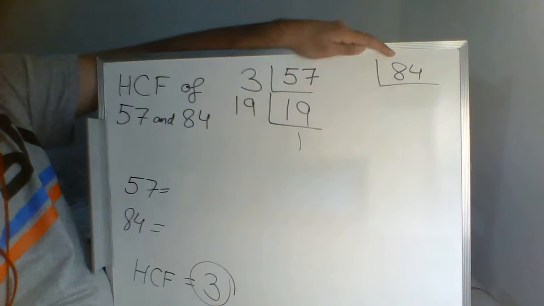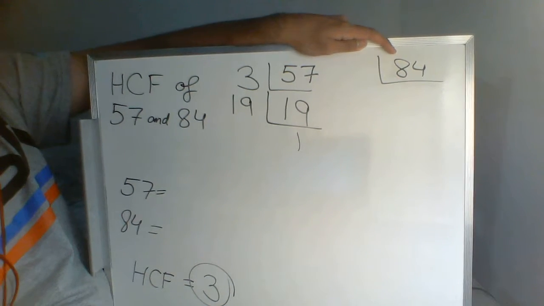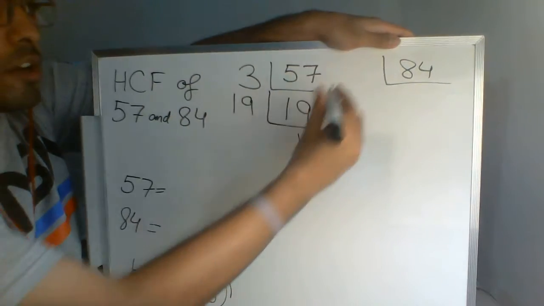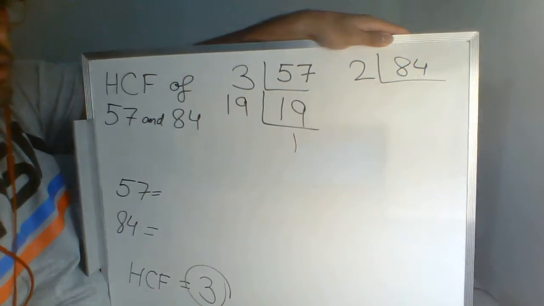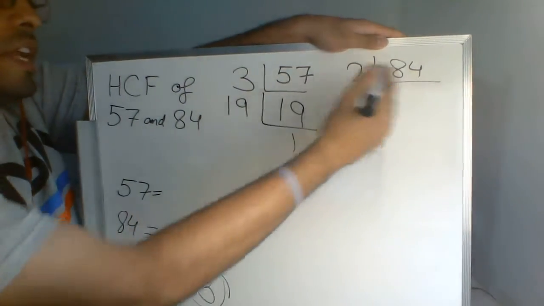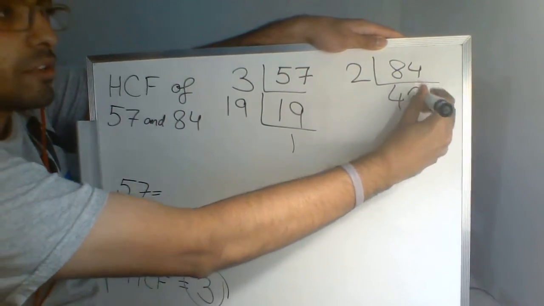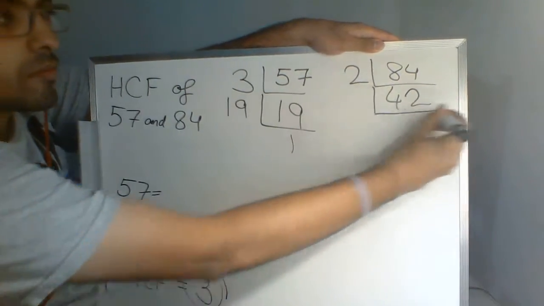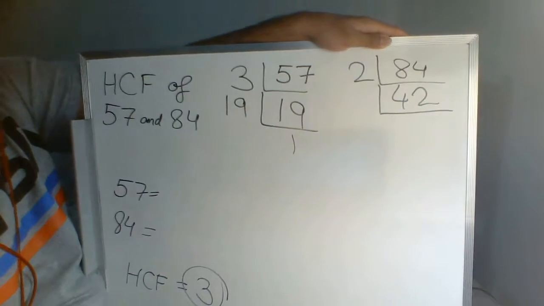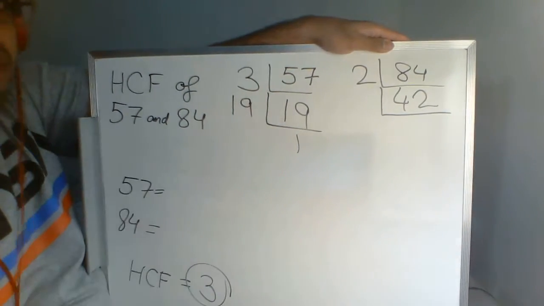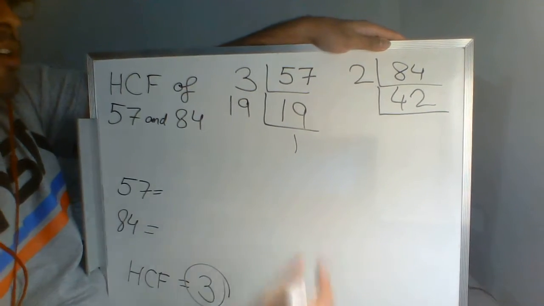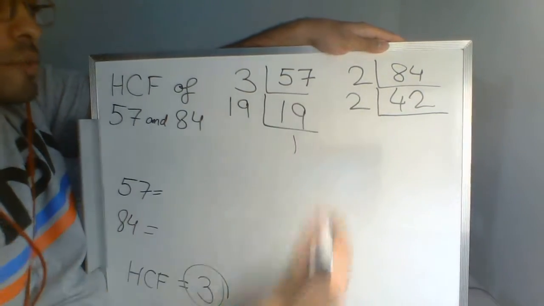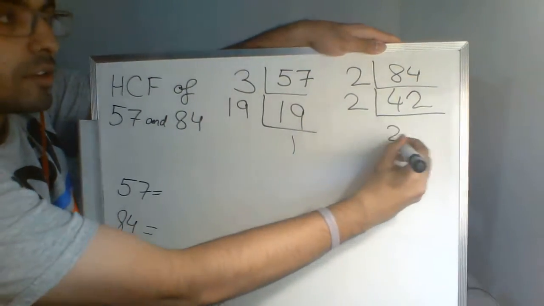Now for 84, it's going to be a little bit longer, because it's a larger number, but also it's an even number, so we can start with this 2 here, right? 84 divided by 2 is going to give us 42. We're not at a 1 yet, so we're going to keep going with this L thing until we get all the way to a 1 at the bottom. 42 is still even, so we can divide that by 2, and we get 21.